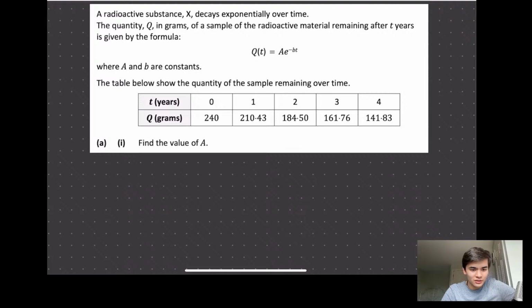Let's try that again. 2023 paper 1 question 8. Can you tell me what the question's about? Oh, it is. It's 2024 you wanted.